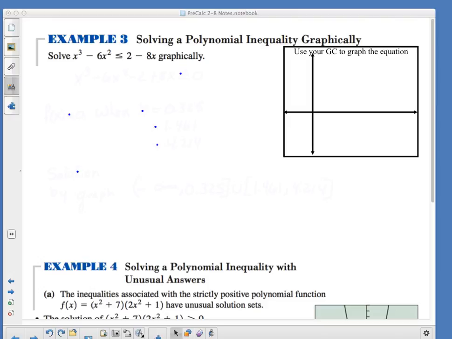We've got x cubed minus 6x squared. Keep in mind, as I'm entering this in, all this gets solved to the left while I'm doing this, so that's what I'm entering into my calculator.